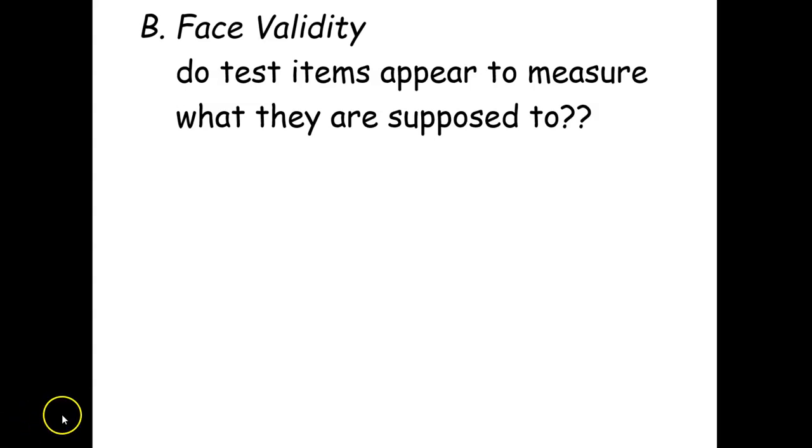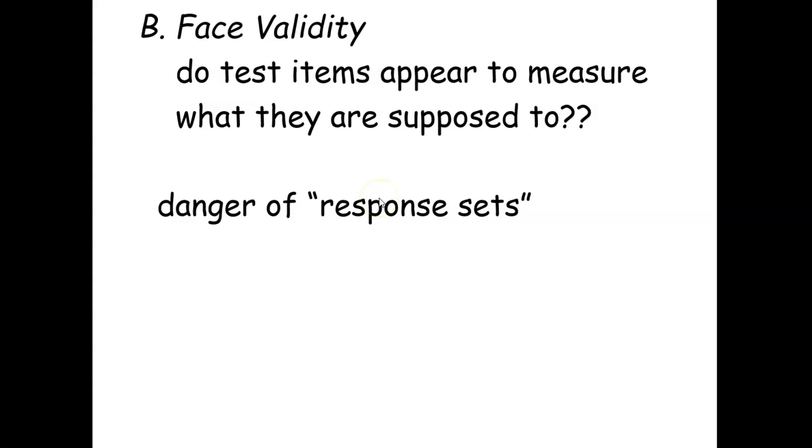But you also don't want to make test items so obviously relevant that people might introduce what we call response sets. That means, as we've talked about, social desirability, faking bad. For example, think about the MMPI.